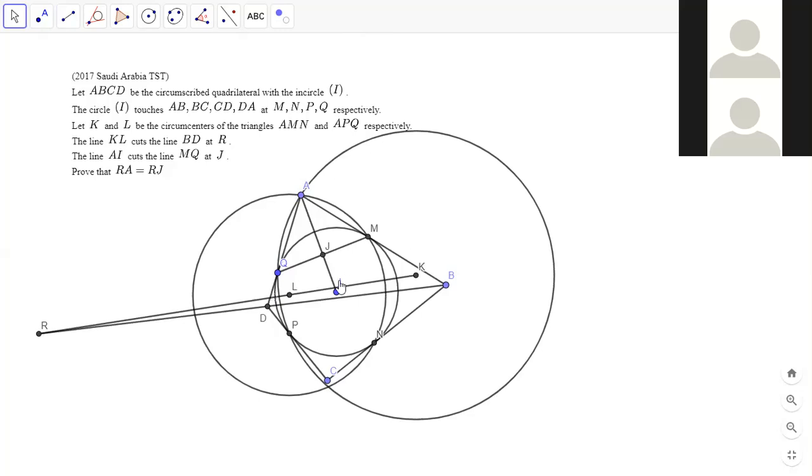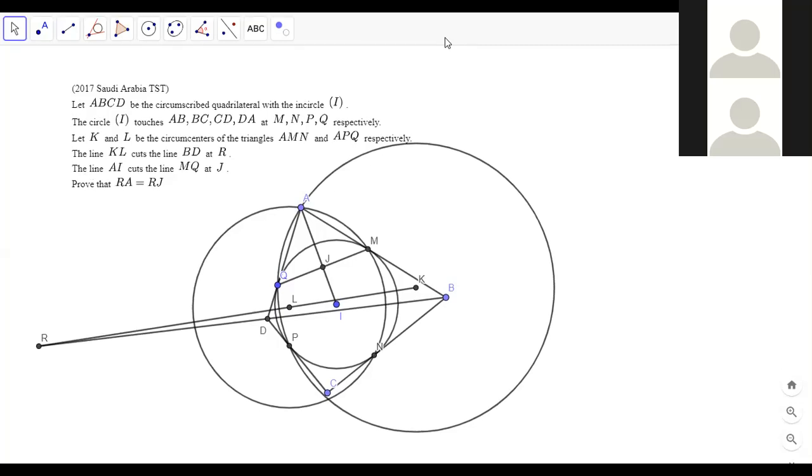Let's see what we have in the chat. Yeah, I feel like there's a lot of really nice circumscribed problems, they should do more of them in contests.